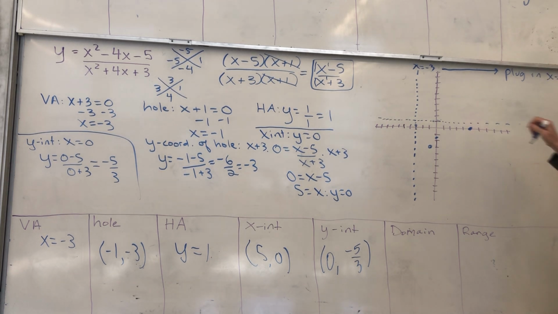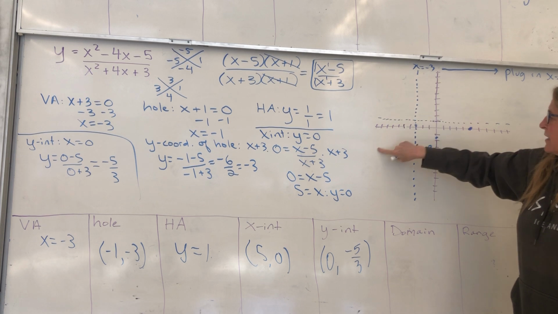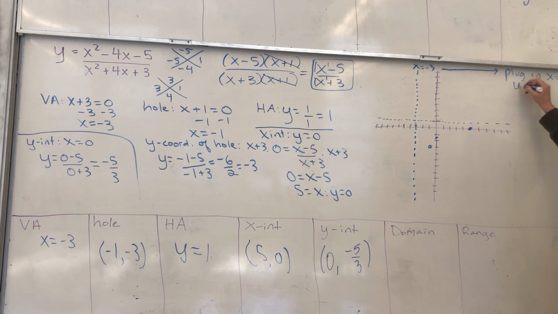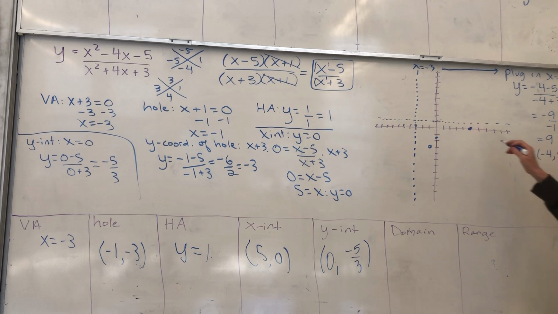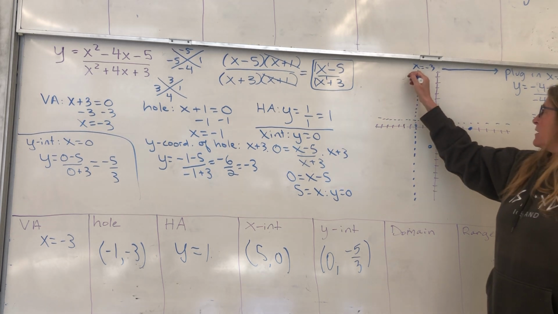We want to figure out, are we going to draw a point up here or down here? So y equals negative 4 minus 5 over negative 4 plus 3. So that's equal to negative 9 over negative 1, which is 9. So we also have a point at negative 4 comma 9 up here.